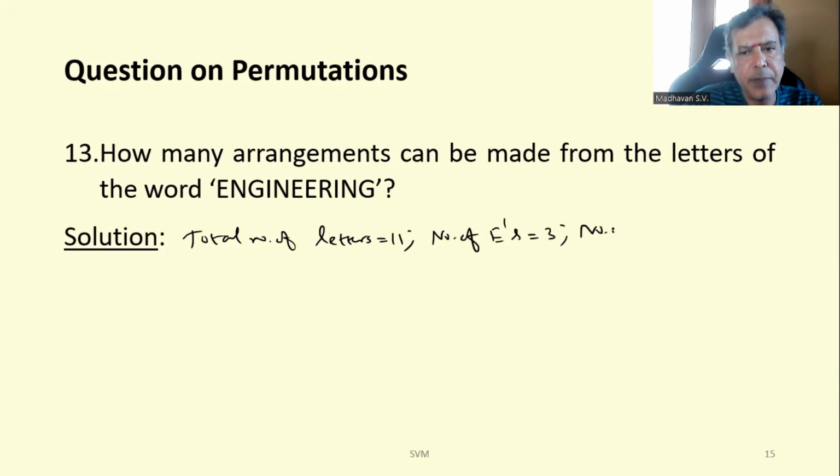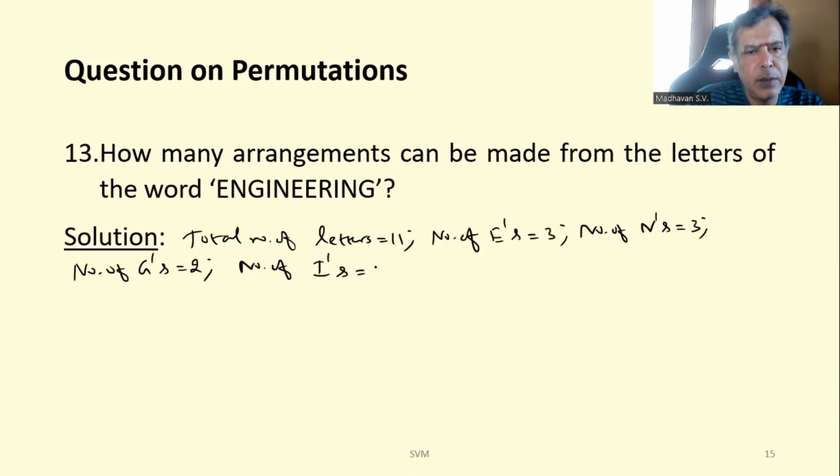Number of N's is also 3. Then number of G's is 2. Number of I's is 2. Rest are all occurring only once.